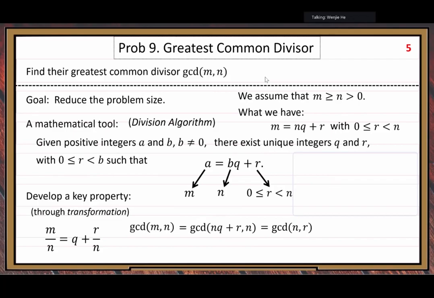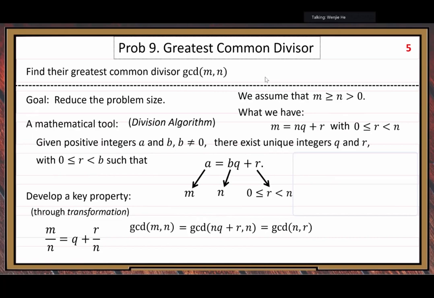If r is 0, this term is gone, and m over n is an integer. Then what is the greatest common divisor? n, right? The divisor is the greatest. The divisor n is the greatest common divisor if r is 0. So we don't worry about the r equals 0 case.